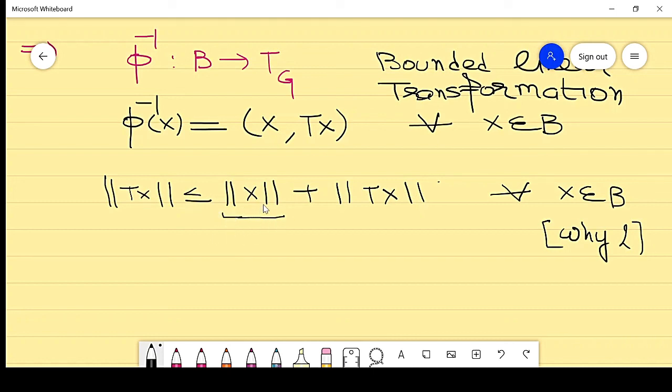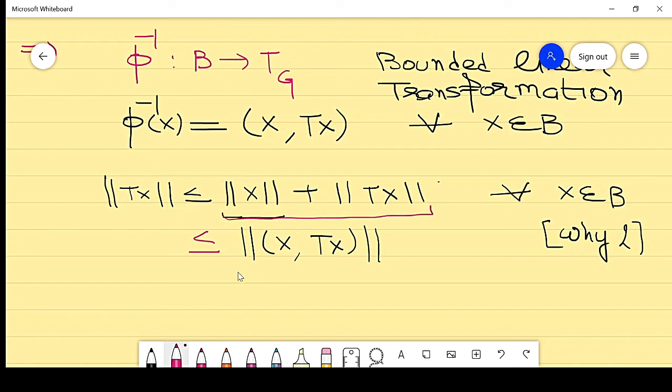So what is this norm? It is nothing but the norm of (x, Tx). It is the norm of these values. So I just used less than or equal, because this total sum is equal to this value.